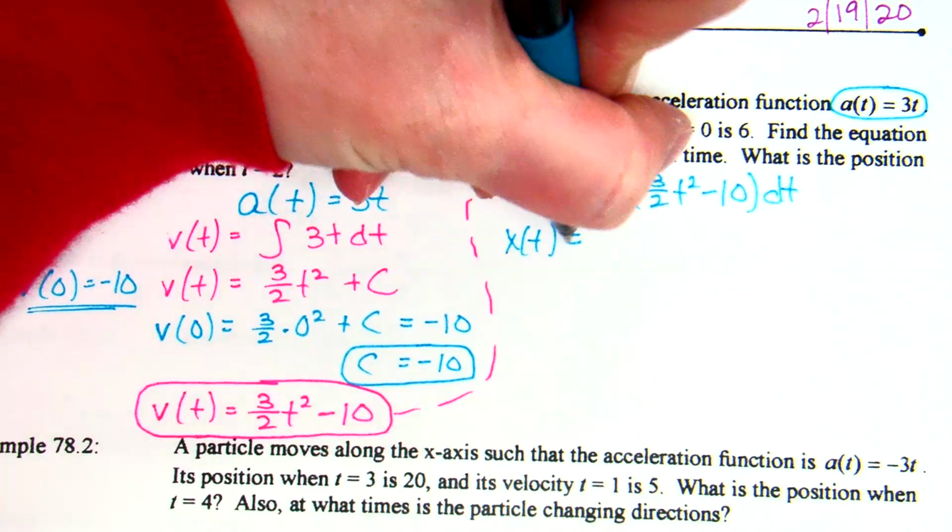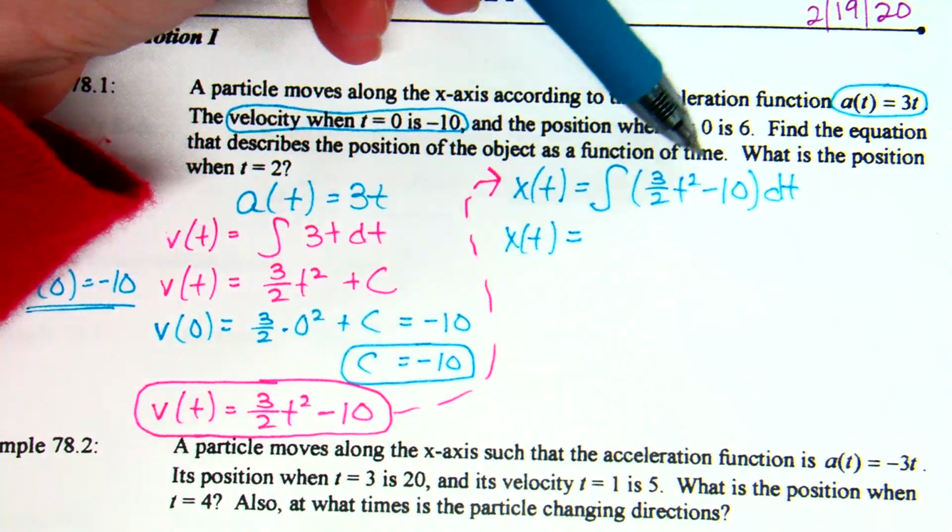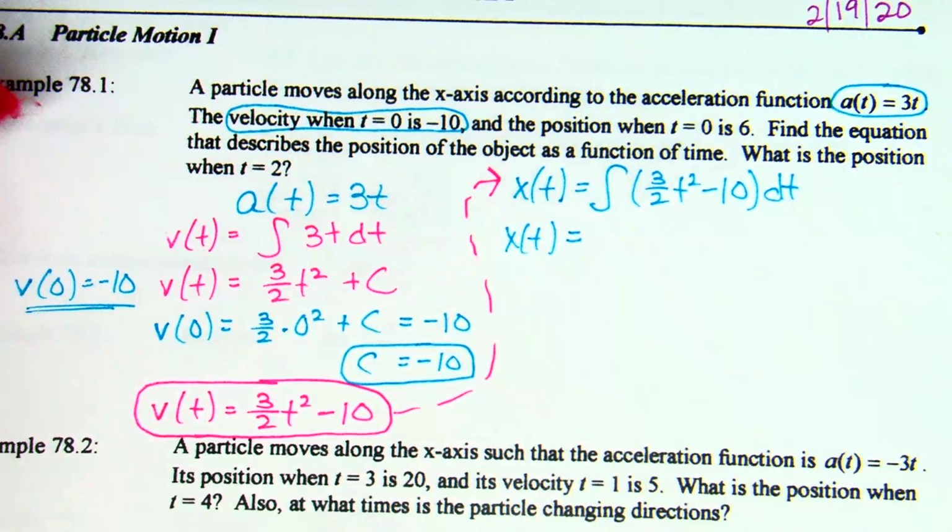What is the integral of 3/2 t squared? Add 1 to the power, divide by the new power. So that would be 3t to the third over 6, which is 1/2 t cubed. 3 over 6 reduces to 1/2.